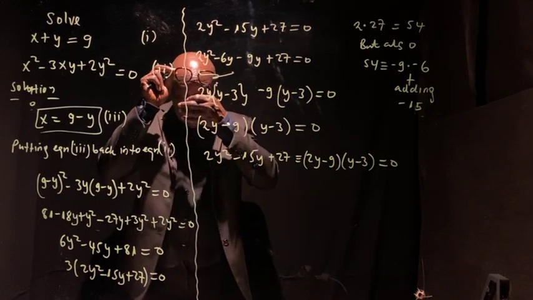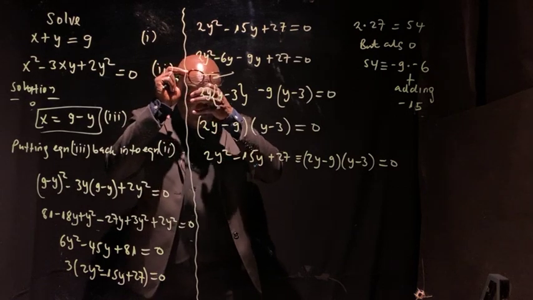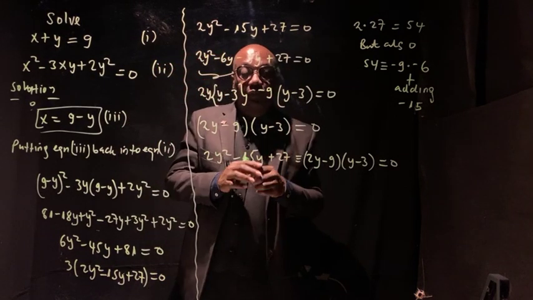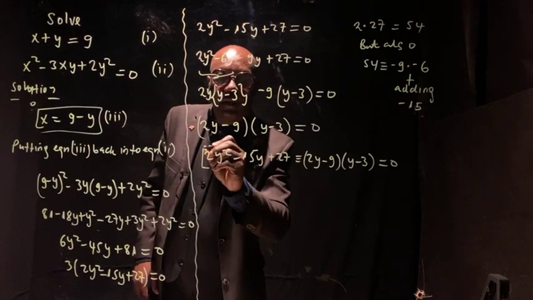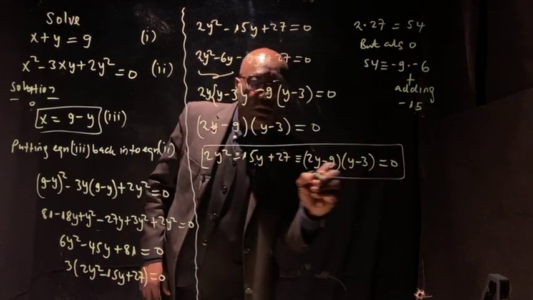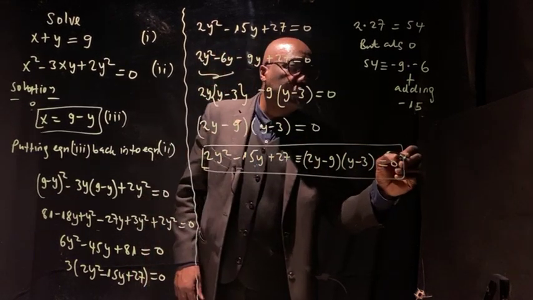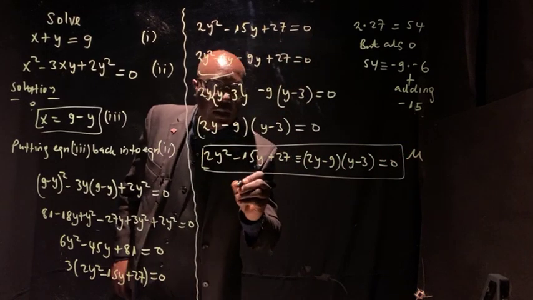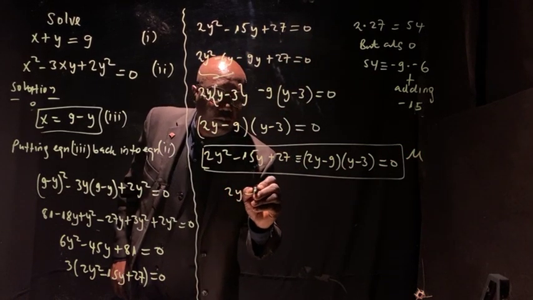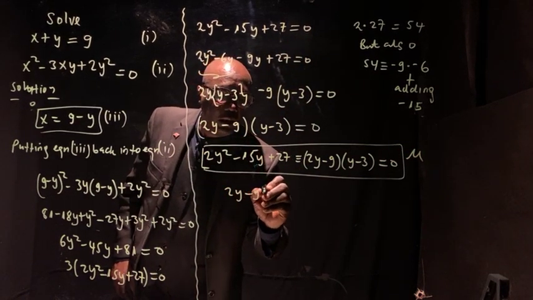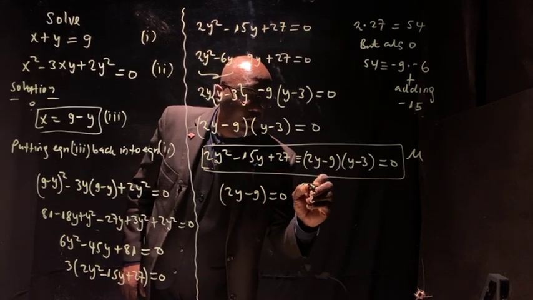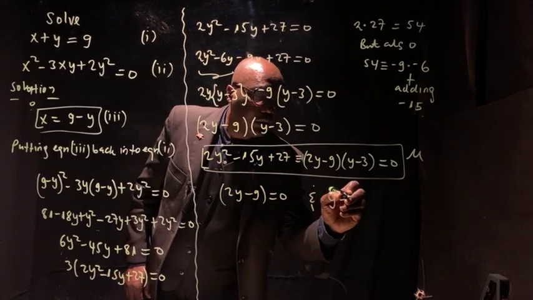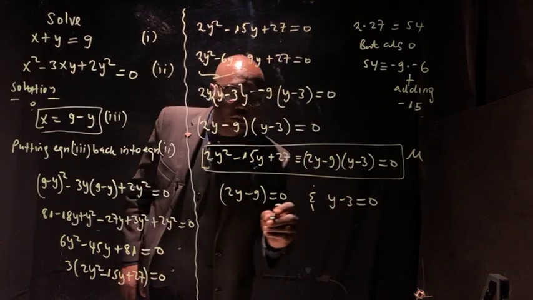Good. In this case, we can say that from this equation, I'll call it equation micro, we can say that 2y minus 9 equals 0 and y minus 3 equals 0.